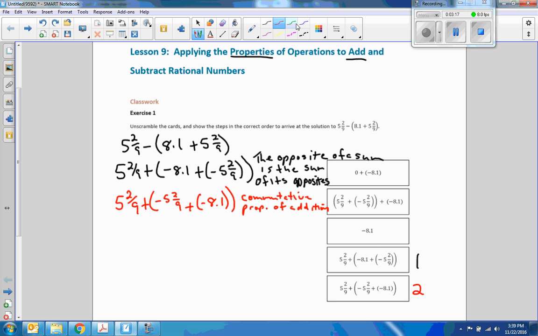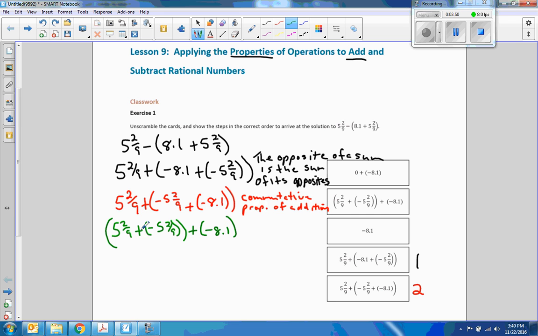Step 3, we're now going to take that 5 and 2/9 and put that in parentheses, like this, and then put the negative 8.1 out here by itself. So I've grouped. I've moved these parentheses here over to here. That's all I've done. 5 and 2/9, 5 and 2/9, negative 5 and 2/9, negative 5 and 2/9, negative 8.1, negative 8.1.